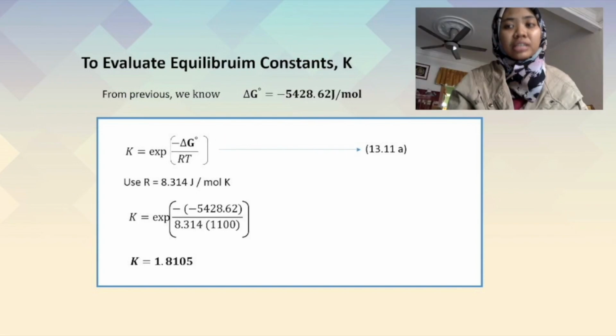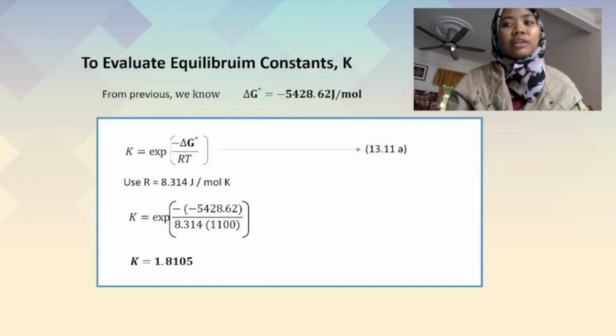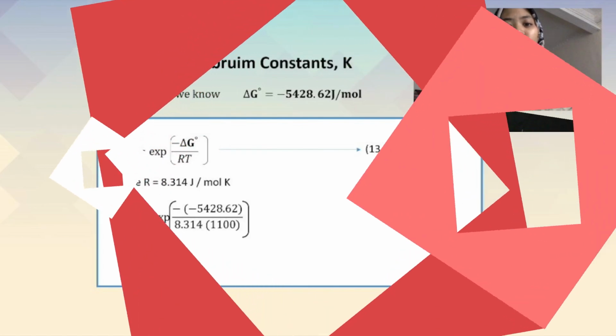From previous calculation, we know that delta G is equal to negative 5428.62 joule per mole. By taking the value of R 8.314 joule per mole K and temperature is 1100 Kelvin, by substituting all the values into this equation, we can get the value of K, which is 1.8105.